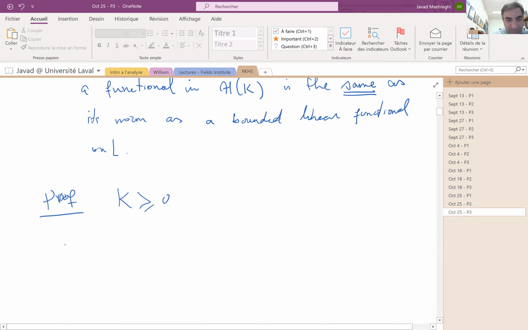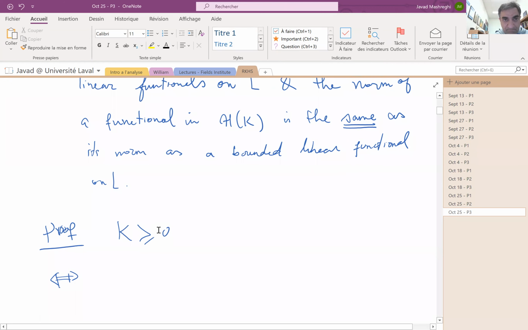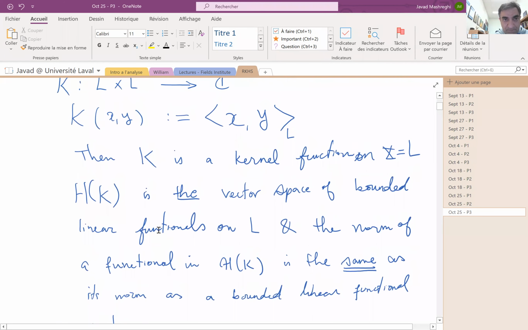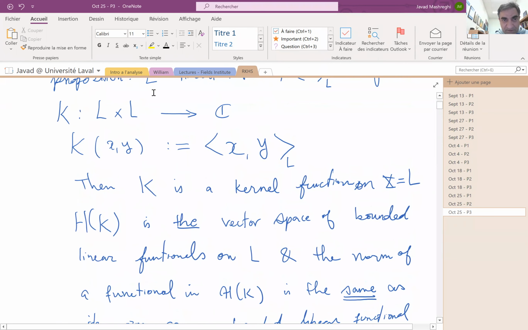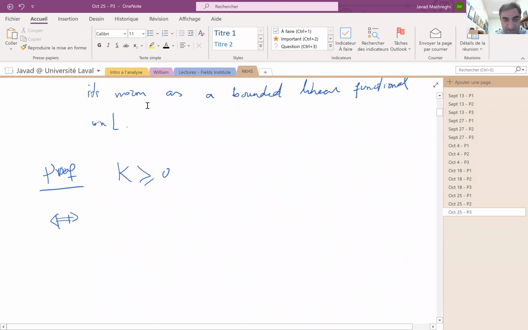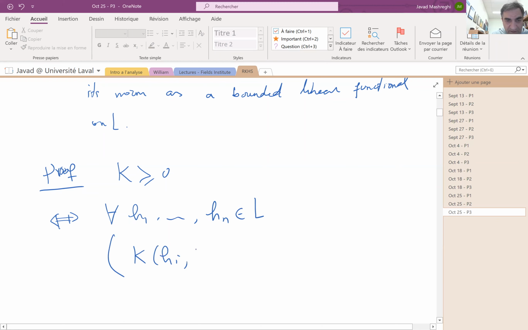K is positive because it's defined on L. It means that for any H1 up to Hn in L, the matrix K(Hi, Hj) is positive. That's the meaning, and for any n.